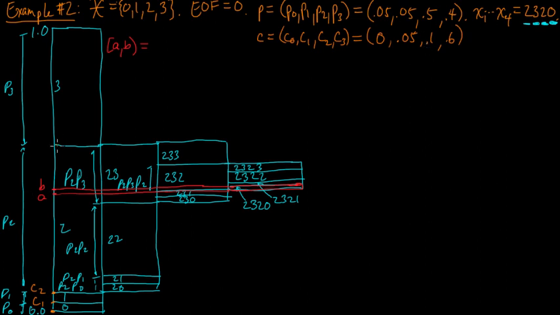C3 is this guy, C3 is 0.6, 0.05 plus 0.05 plus 0.5. And here's why that's going to be useful, because to compute A, what do we need? So A is, well, let's see. We have to go up here. So if we think about climbing the staircase to get up to A, we have to add C2. So we go up to C2, and then we have to add this part.